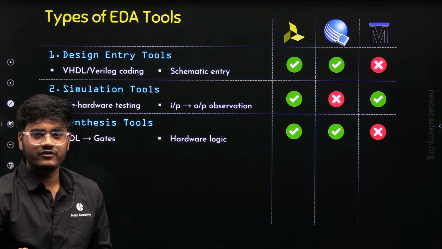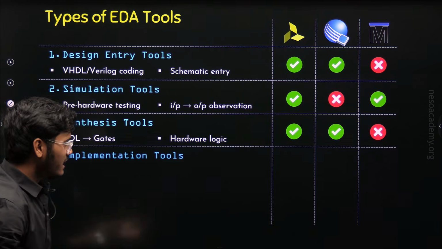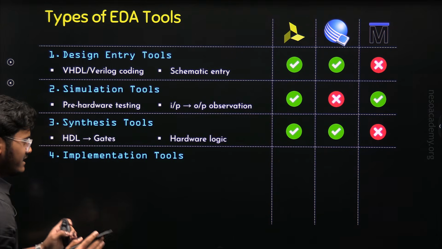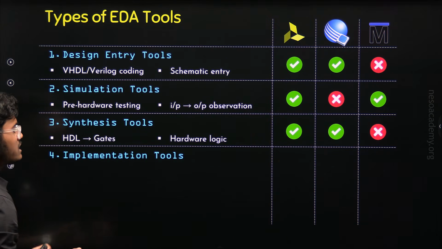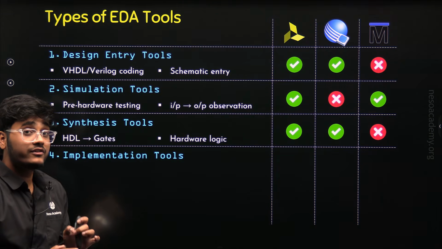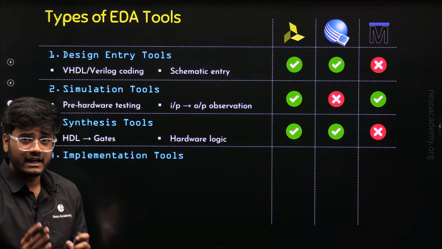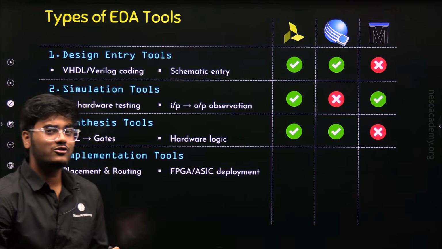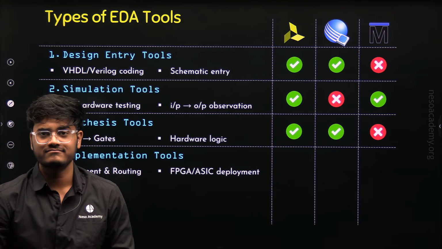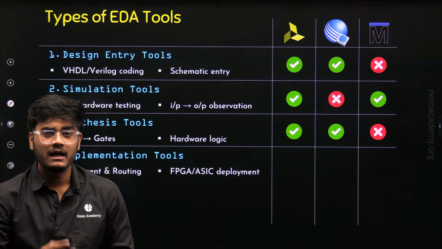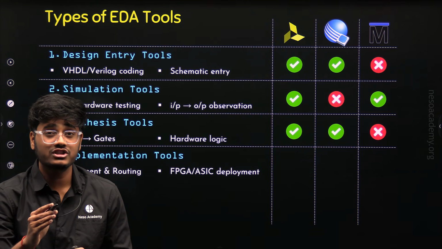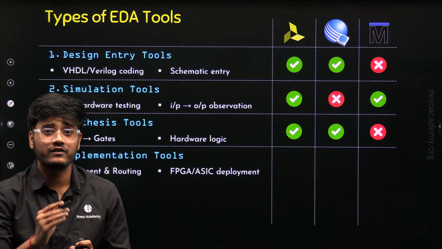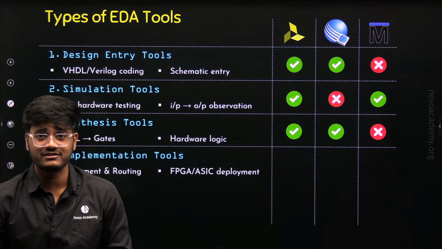Now, let's see a few other types of tools. Implementation tools. As the name suggests, implementation tools are used for physical realization of the design. It includes placement and routing. We all know what placement and routing are, but let me explain it again. Placement means arranging logic cells or logic circuits with area and power utilization.